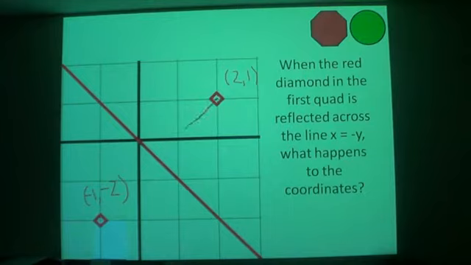This line is perpendicular to the red line, and this is perpendicular to the red line. This is 90 degrees, and this is 90 degrees. This distance is 1.5 diagonals, and this distance here is 1/2 diagonal plus a diagonal, so 1.5 diagonals. The correct answer is negative 1, negative 2.